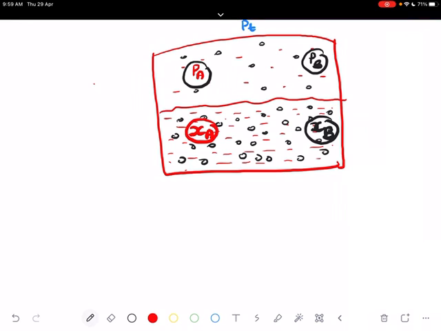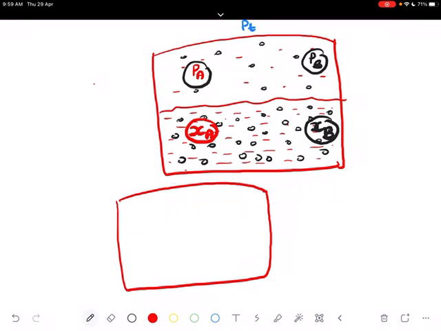The same vessel I am keeping here also, same size. One more vessel I am keeping, same size vessel.